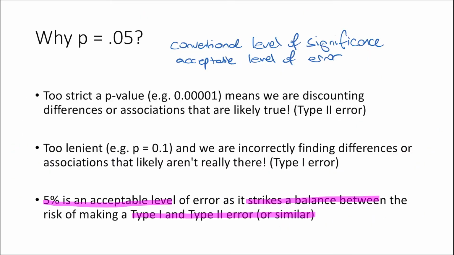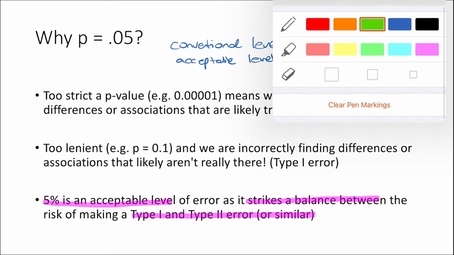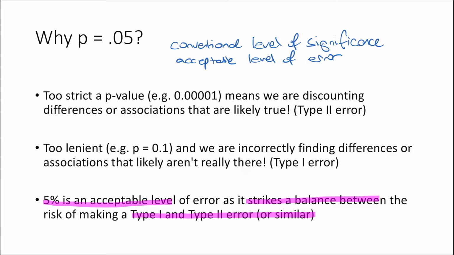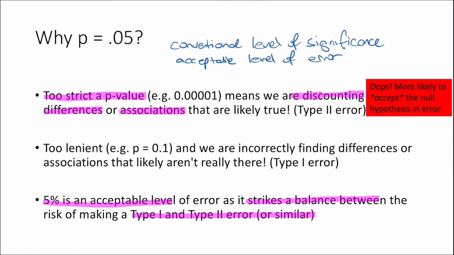So if we go back to our previous slide, why 0.05? If we employ too strict a p-value, then we're making it too difficult to reject our null hypothesis. It means that we're potentially discounting real differences or associations. We are much more likely to reject our null in error.